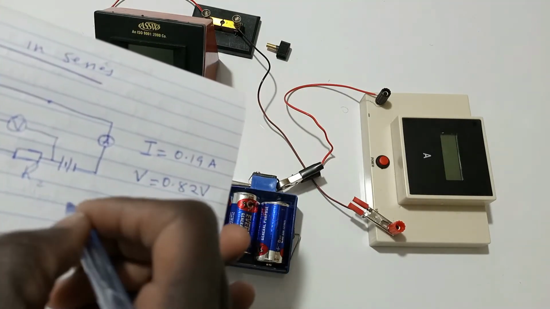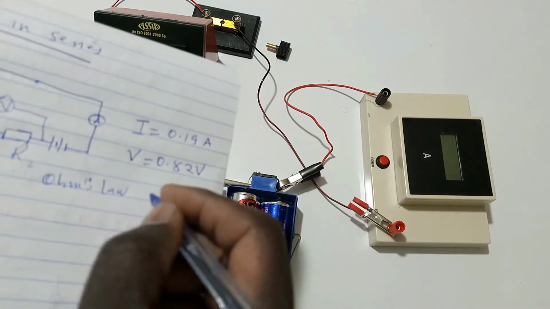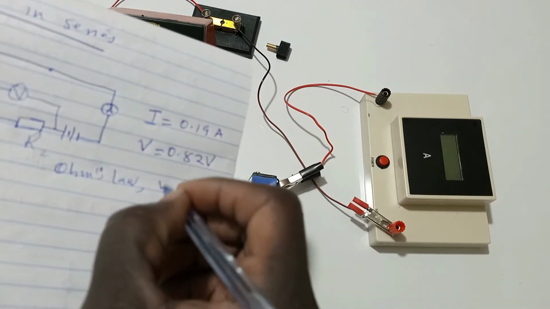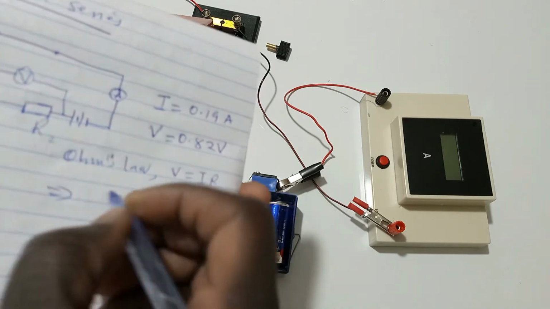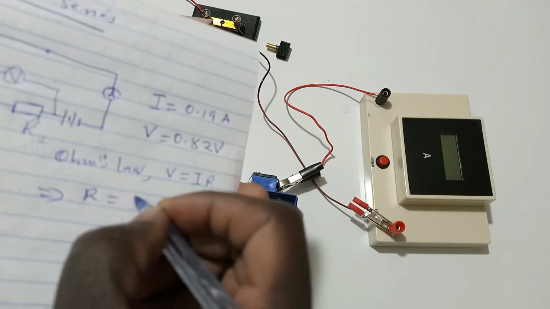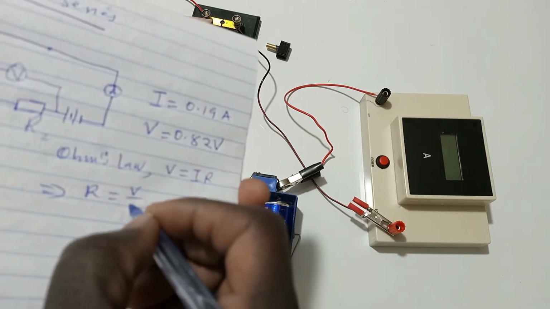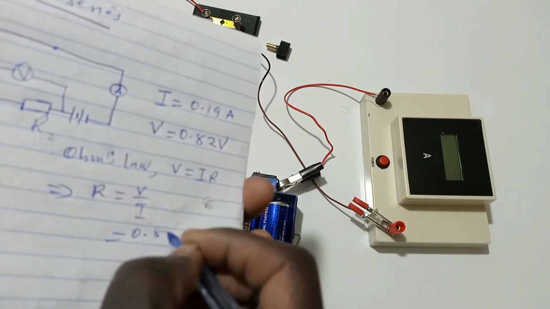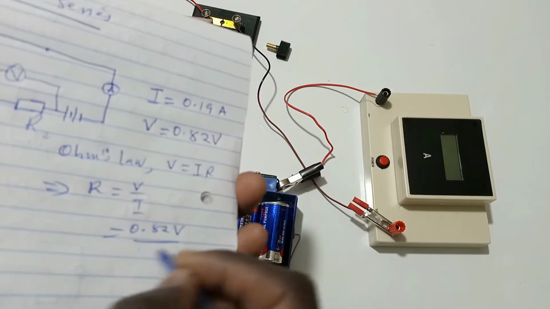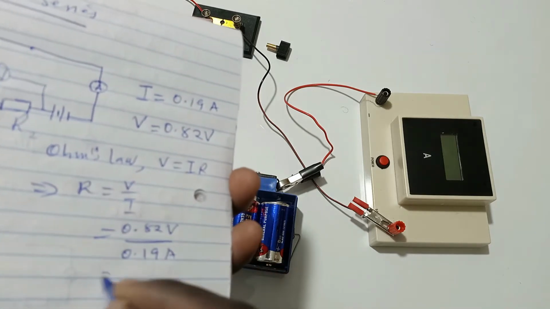From Ohm's law, we know that V is equal to IR. This implies that R is given by V divided by I. V is 0.82 volts divided by 0.19 amps.